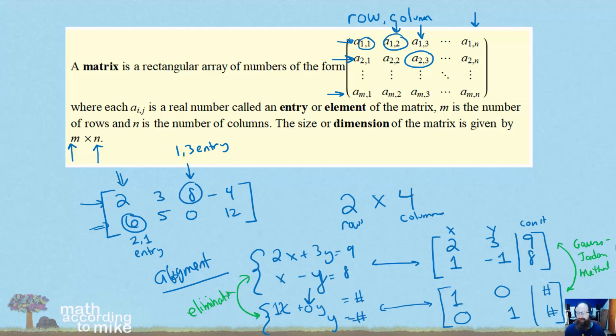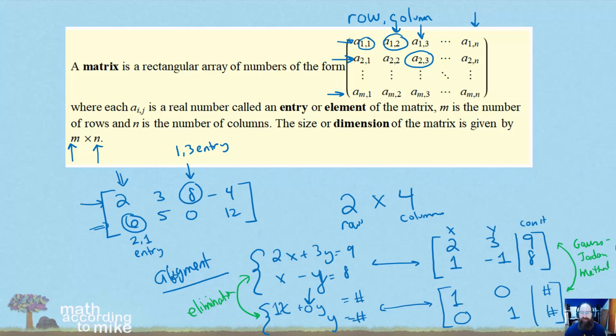There's technically a hyphen here because it's 2 different guys, I think. I don't know, I didn't ask. Okay. So our goal is to turn our initial matrix, the 2, 3, 9, 1, negative 1, 8, into the matrix 1, 0, number, 0, 1, number. And it's this thing called the Gauss-Jordan method.